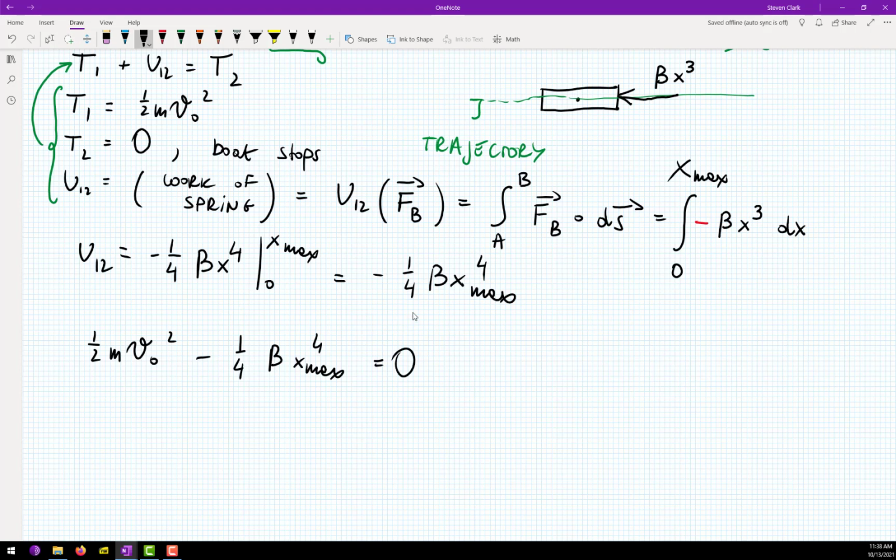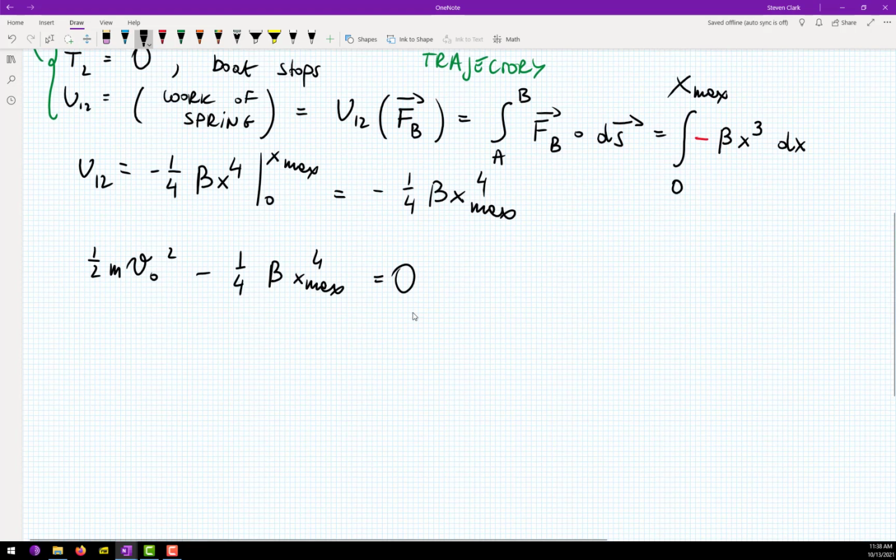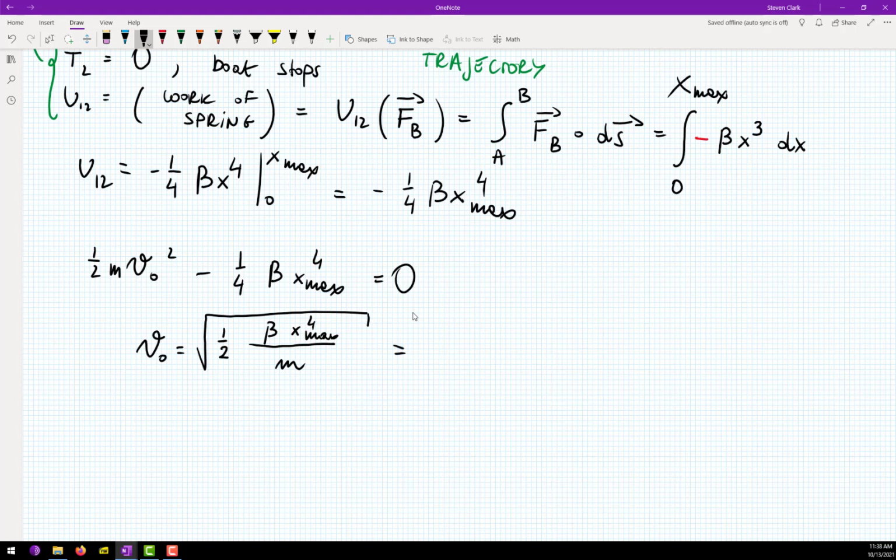And they ask us to find the velocity, yes? Velocity max. So v0 is equal to some square root of 1/2 beta x max to the power of 4 divided by m. Let's plug in values.